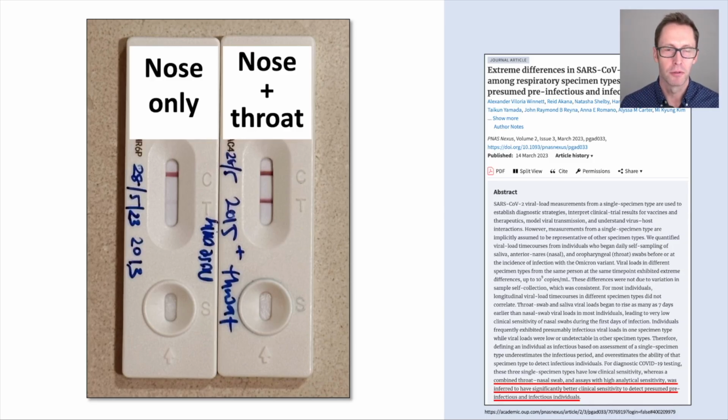Probably better to do the throat first and then the nose, be my suggestion. But this is actually backed by some research. There's a study linked here, which was published fairly recently, that shows that there are large differences in the viral loads from different points of sampling, and that there are actually some good reasons to combine throat and nose sampling in order to get the best possible result.